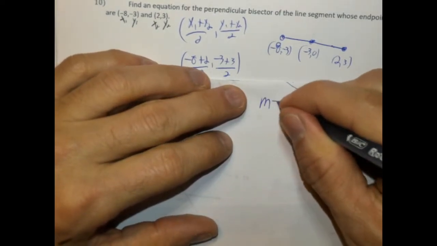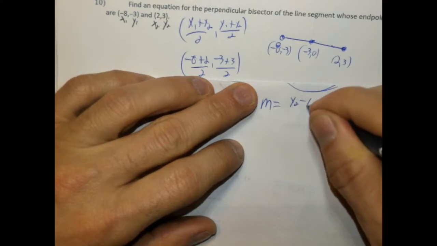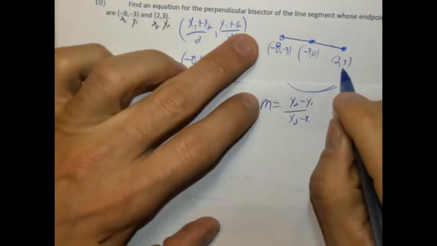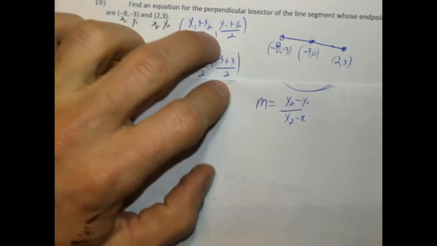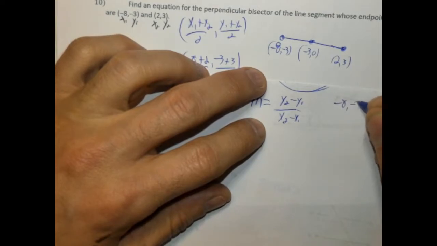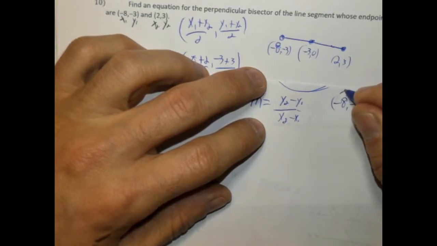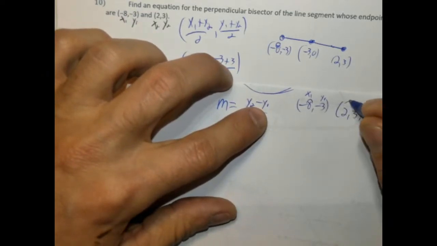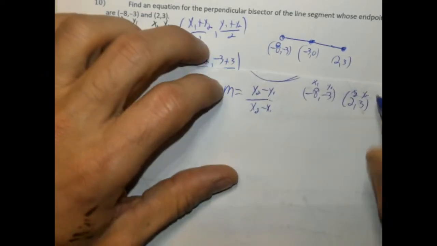So rate of change is going to be y2 minus y1 over x2 minus x1. And that's going to be these 2 endpoints here. So we're calculating the rate of change. -8, -3 will be our x1, y1. And 2, 3 will be our x2, y2.